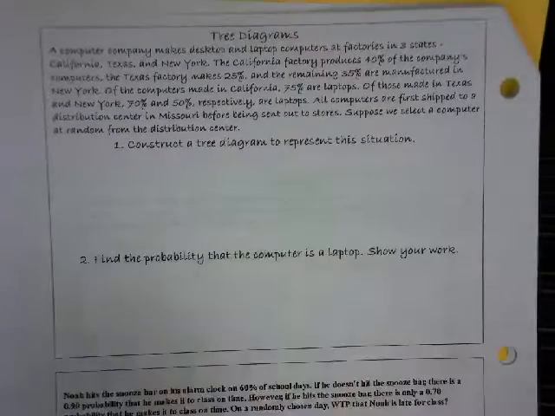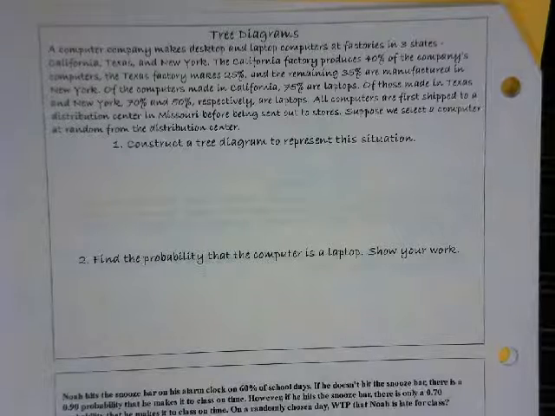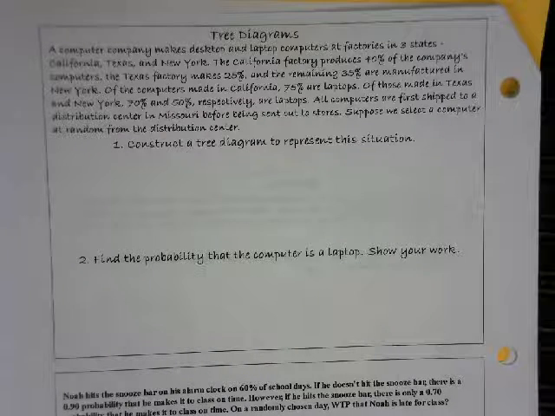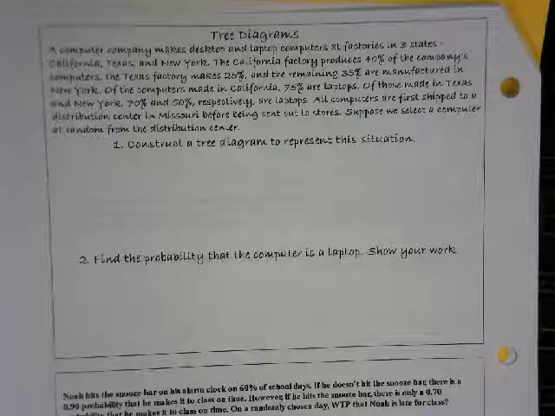All right, so first example says a computer company makes desktop and laptop computers at factories in 3 states, California, Texas, and New York. The California factory produces 40% of the company's computers. The Texas factory makes 25%, and the remaining 35% are manufactured in New York.